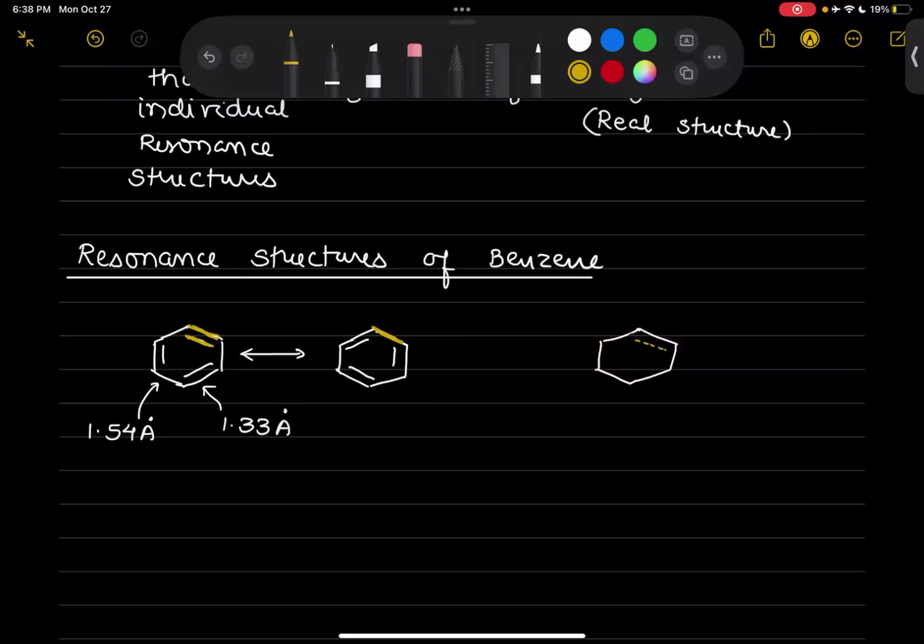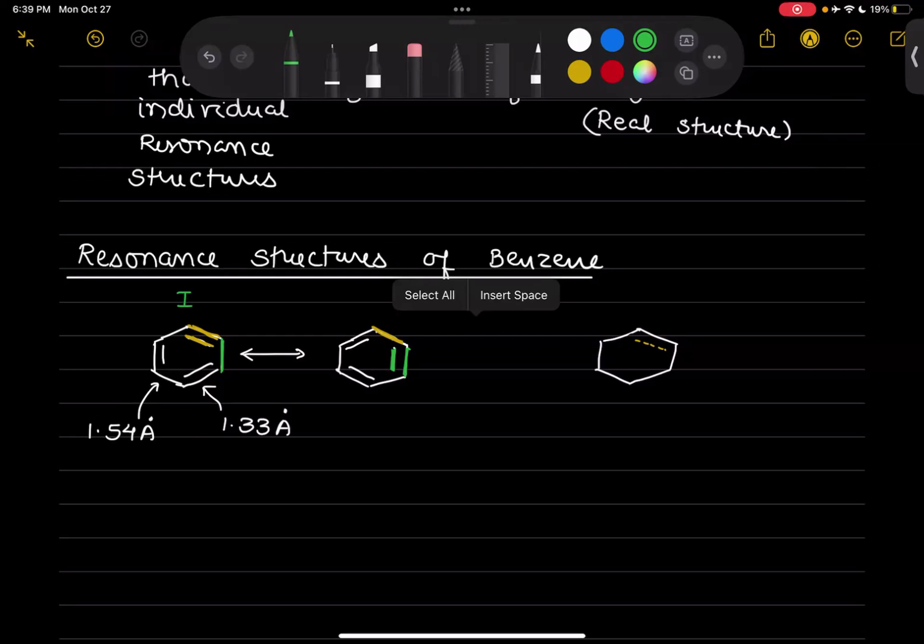And this is how you are going to draw the hybrid. Let's talk about this green bond. In the first structure, it is a single bond. In the second structure, it is a double bond. Maha has chosen to keep a single bond and form a double bond on the other side of this green bond, and Nabila has chosen to form a double bond between these two carbons.